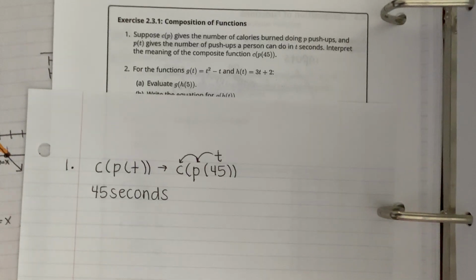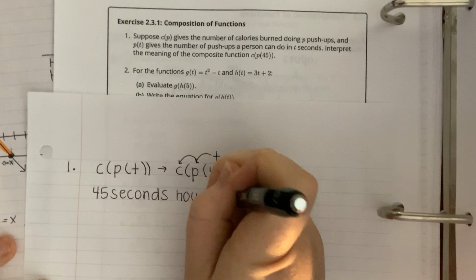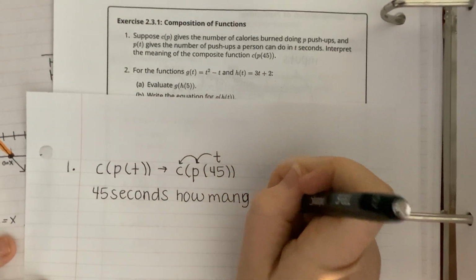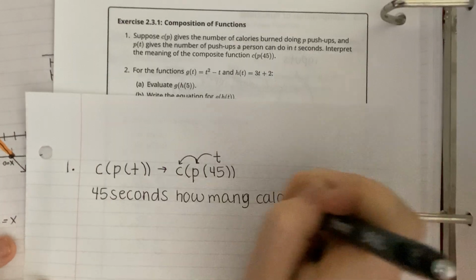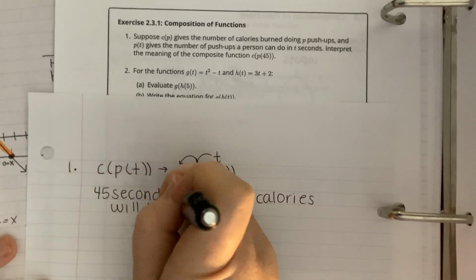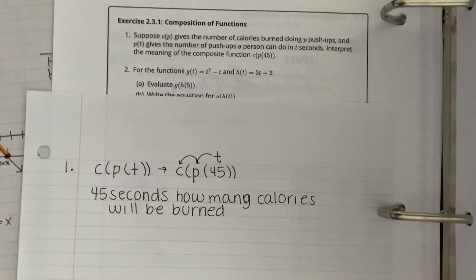So this is saying, in 45 seconds, how many calories will be burned. So understand what that first input is and what your final output's going to be.